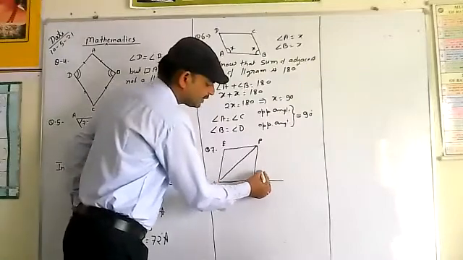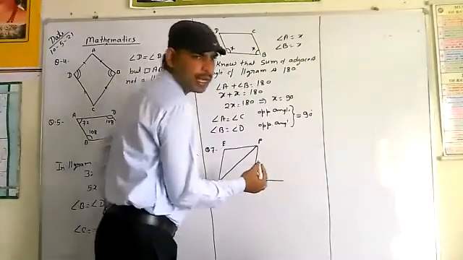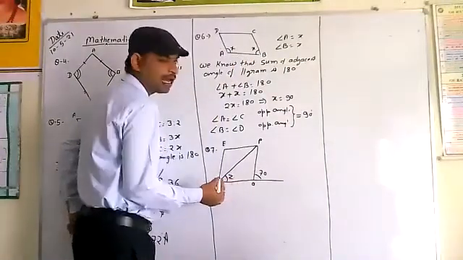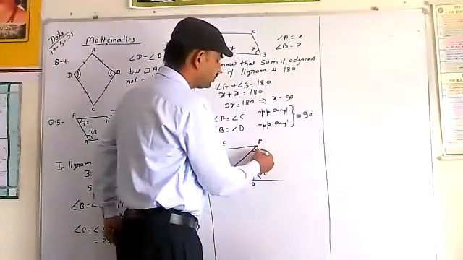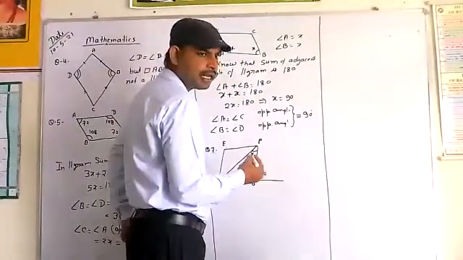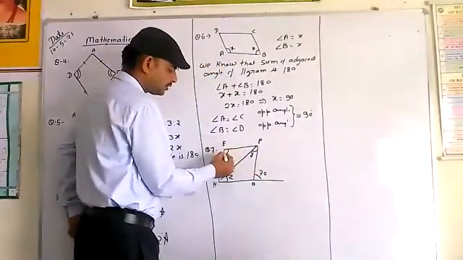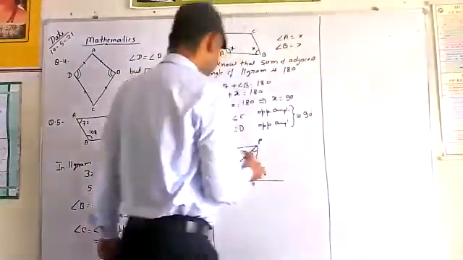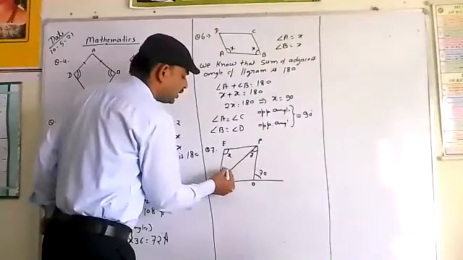This is 70 degrees, and this angle is Z, this angle is Y, and this angle is X. This angle is X, and this angle measurement is 40 degrees.